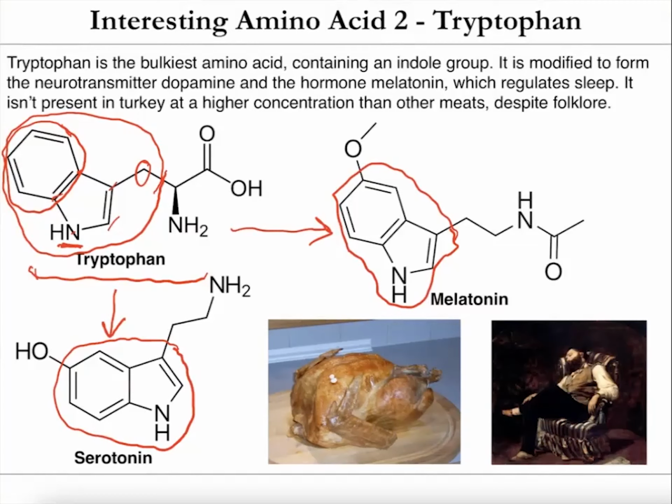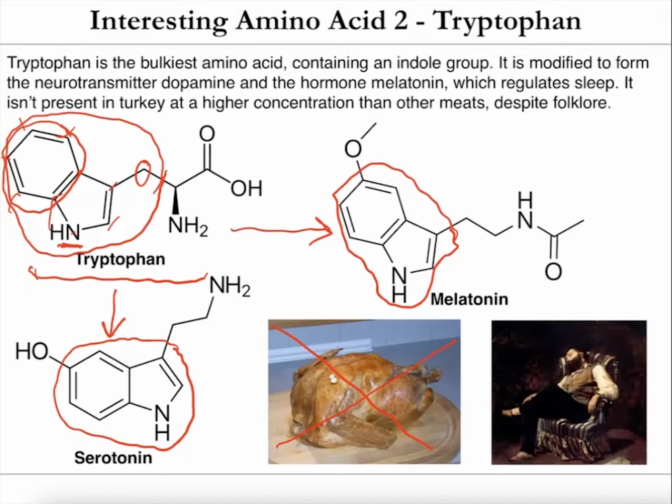Now, one thing about tryptophan, it is the bulkiest amino acid, and it is kind of shaped like a turkey, at least the way I'm looking at it. But despite popular folklore, tryptophan is not present in higher concentration in turkey meat than any other meat. The meats, turkey, pork, cattle, or beef, are going to be made up of proteins, of course, but those proteins are going to have roughly similar numbers of each of the 20 amino acids.